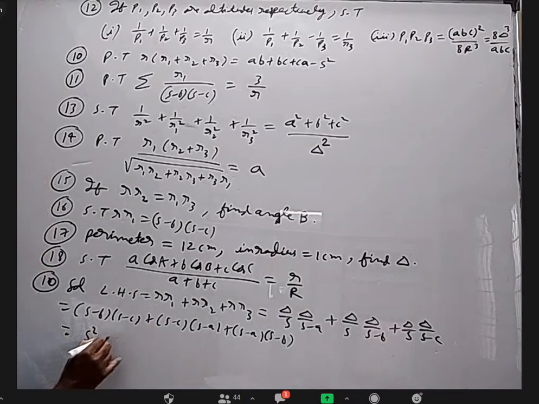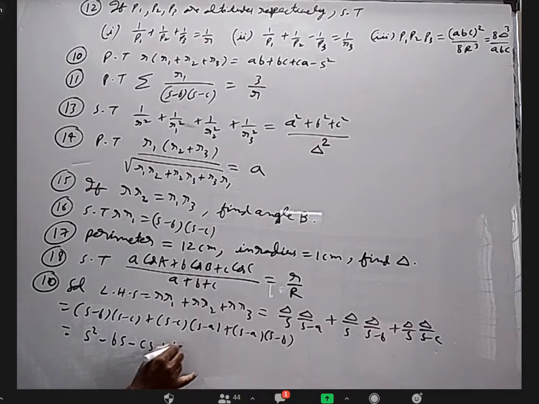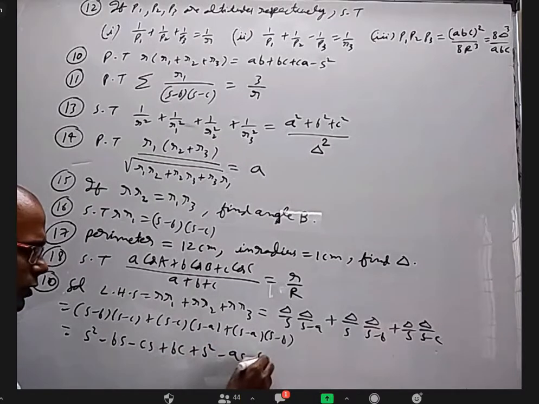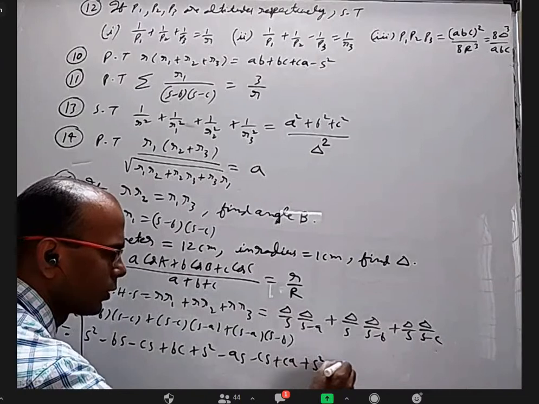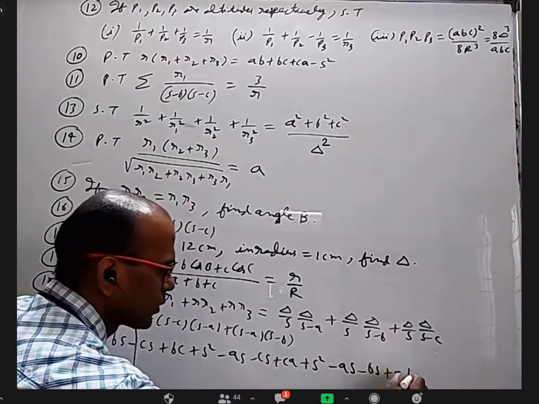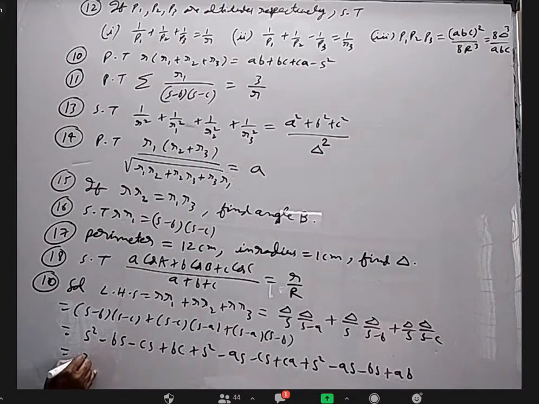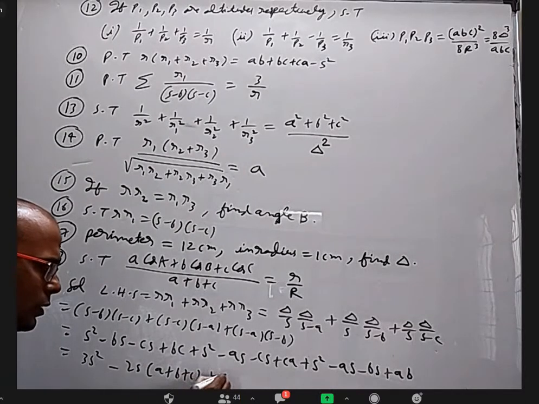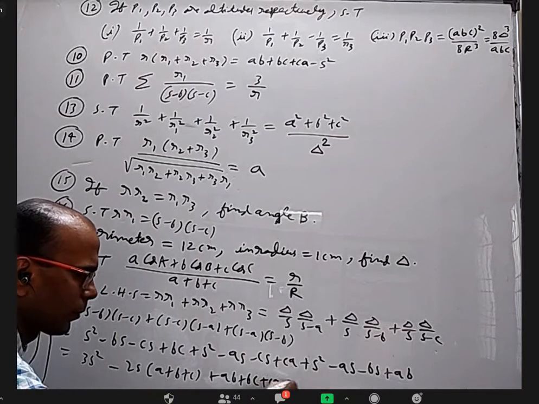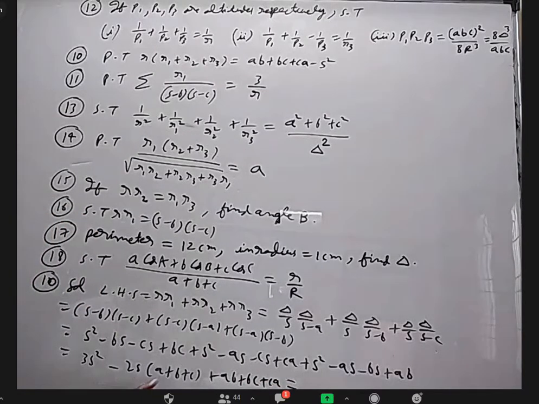Just expand, it will be S square minus BS minus CS plus BC, S square minus AS minus CS plus CA, S square minus AS minus BS plus AB. You get 3S square minus AS 2 times, BS 2 times, CS 2 times. If I take 2S common, I'll get A plus B plus C, plus AB plus BC plus CA. A plus B plus C is another 2S.